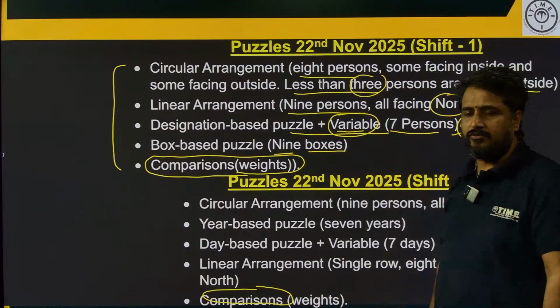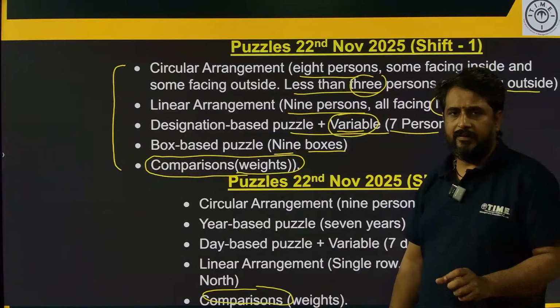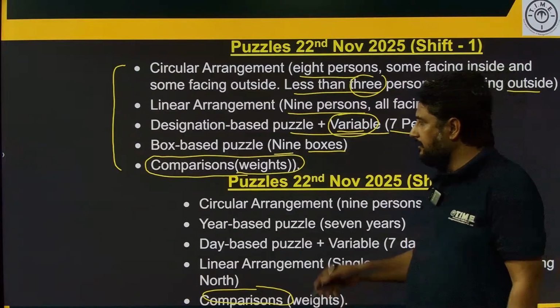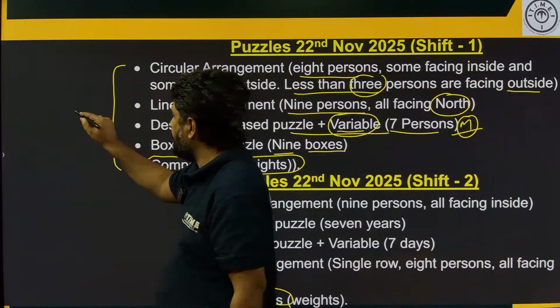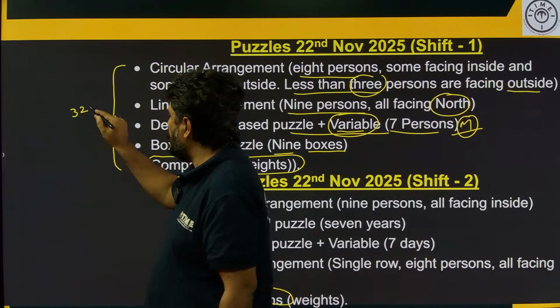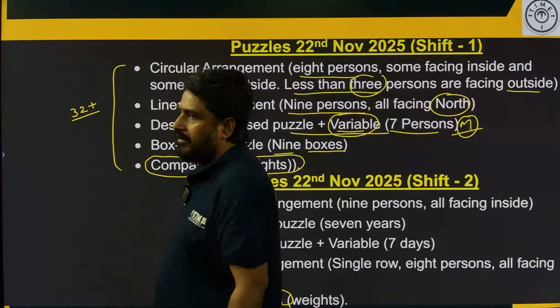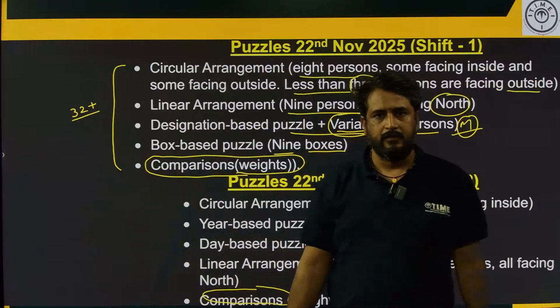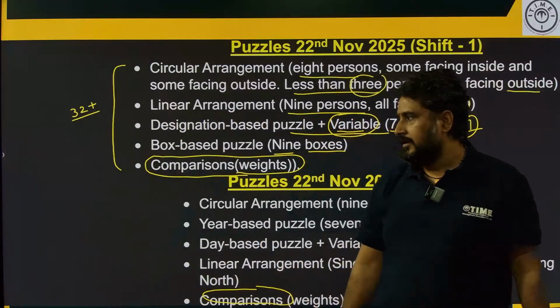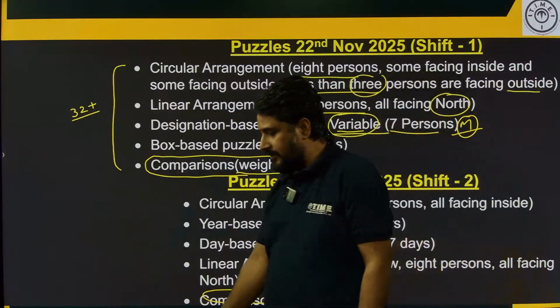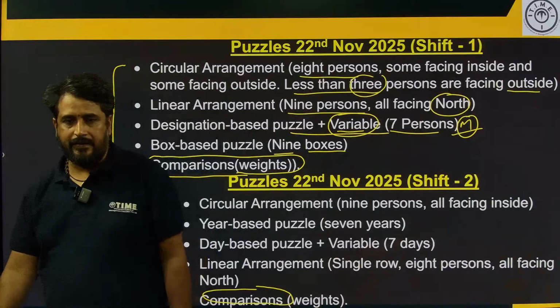Rest all the questions have to be considered easy only. In this slot, a student can attempt a minimum of 32 plus questions in 25 minutes comfortably. Now let us talk about the puzzles given in shift 2 of 22nd November.